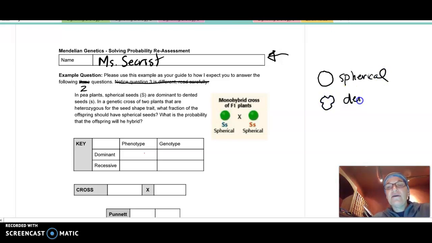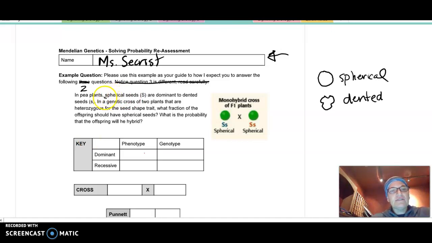Have you ever seen a dent in a car? Hopefully you've never created one, but a dented seed is going to have these little dents. Those are the 2 shapes that you can get your pea seed in. So we're going to deal with seed shape. That's our trait that we're looking at.